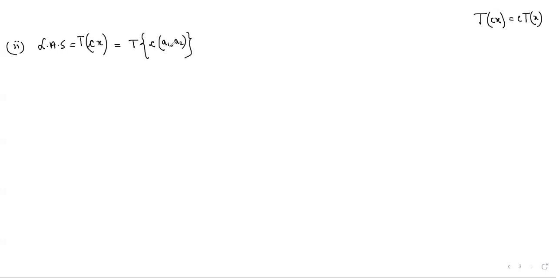So T of C into A1 comma A2, that I want to find out. And we know that in R2, the scalar multiplication is defined in the following manner. C into A comma B is actually CA comma CB. From where have I written this? From the first chapter. In the first chapter, the scalar multiplication on R2 is defined in this manner.